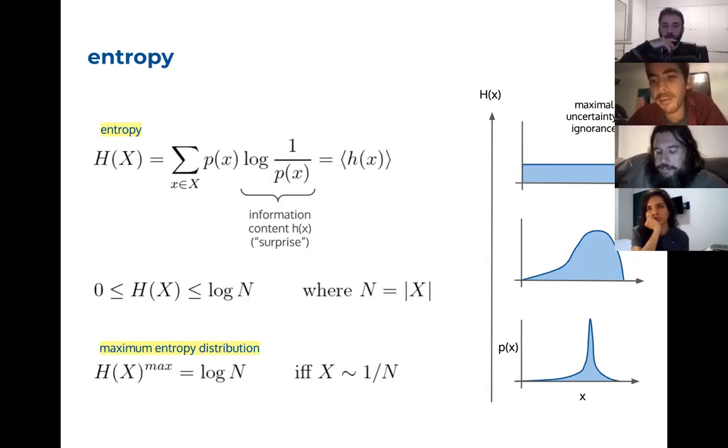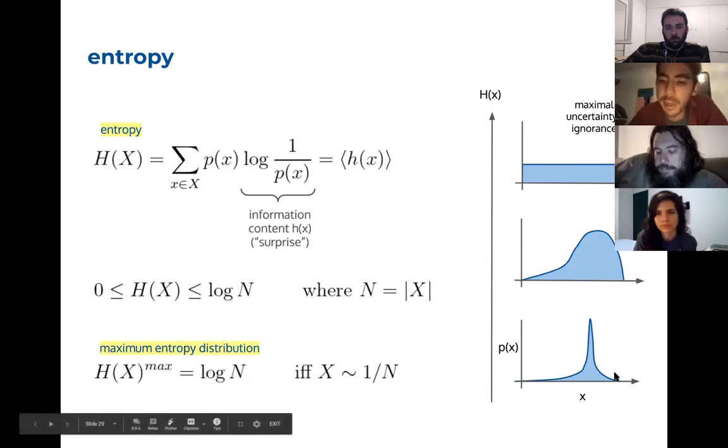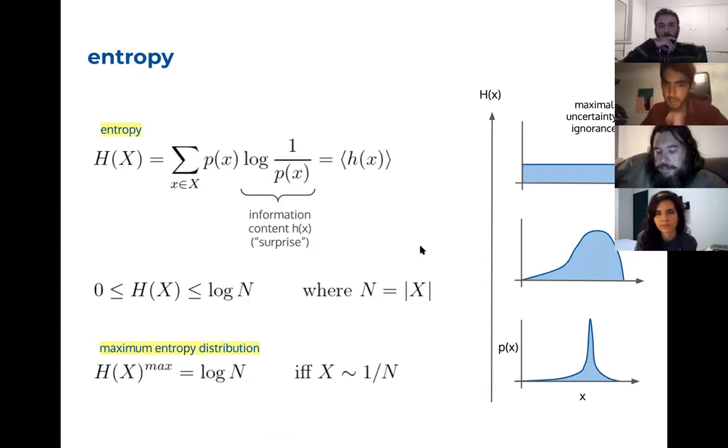It's a maximal degree of ignorance about the space. It's the distribution that gives you the fewest constraints over a certain space. As you get new information, you can update your beliefs and learn something, and then you get a distribution of lower entropy. That's the Bayesian interpretation.